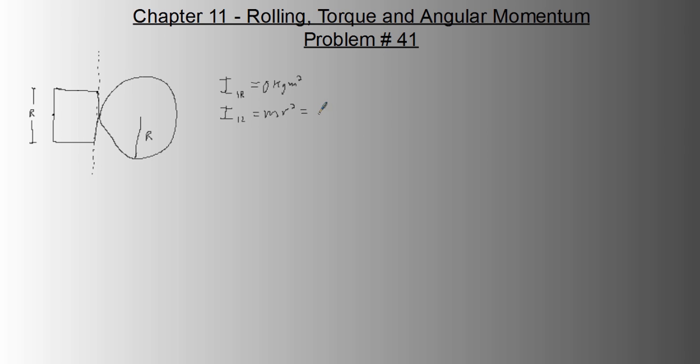And that's just going to be, the mass is 2. The r length is 0.5 squared. So that equals 0.5 kilogram meters squared. Not too shabby. That's an L, not a 2.